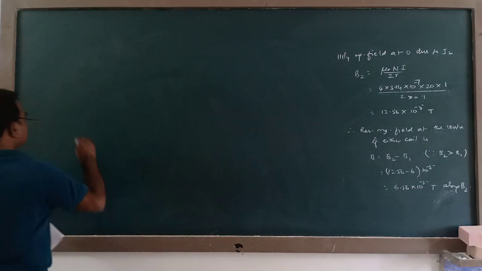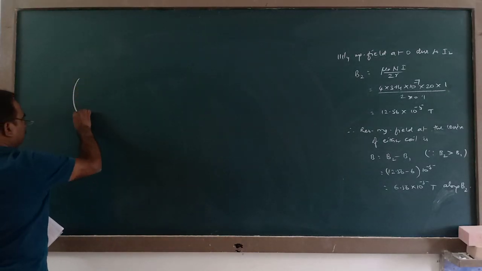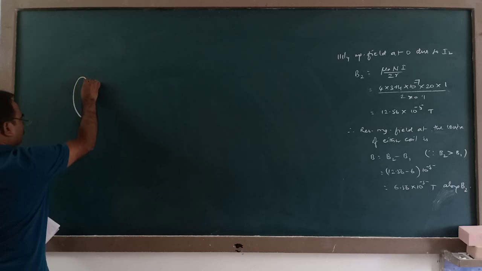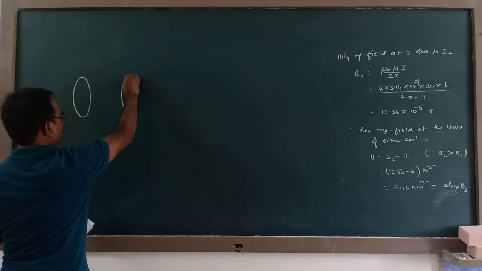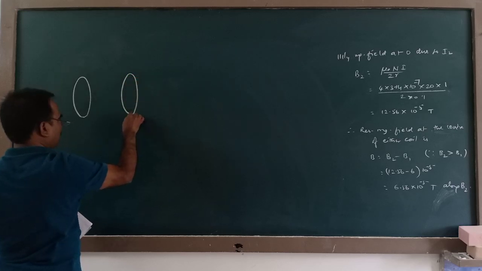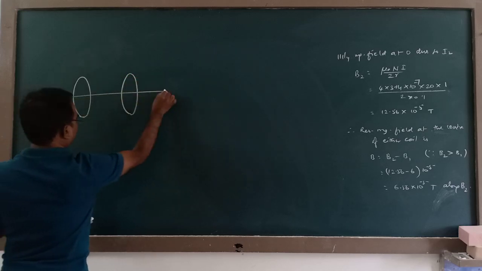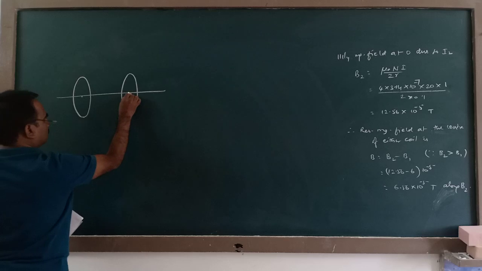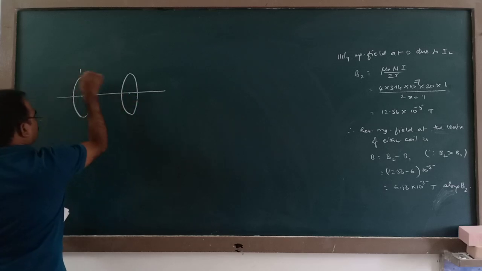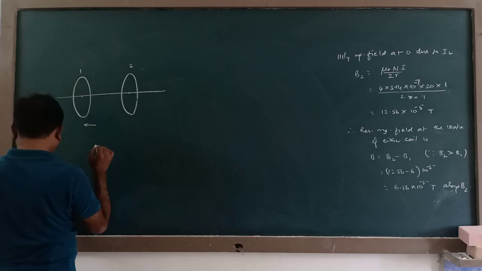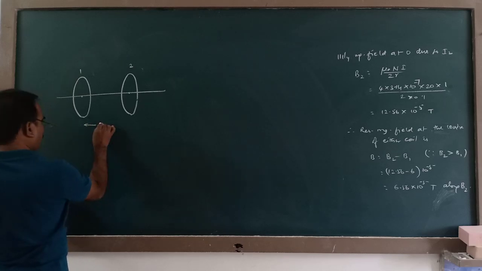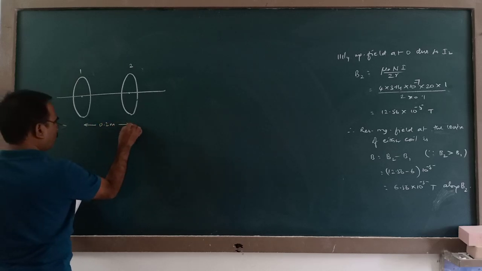Here there are two coaxial coils. So this is one coil, this is another identical coil. This is the common axis. It is given that these two coils are separated by 0.2 meter. They are kept 0.2 meter apart.